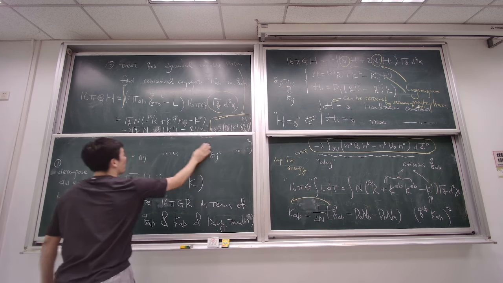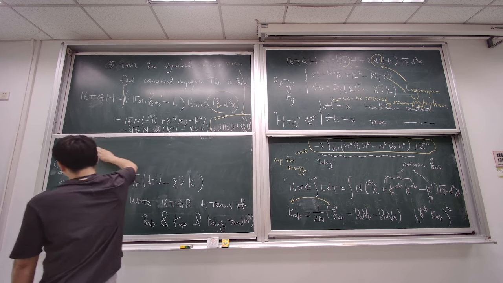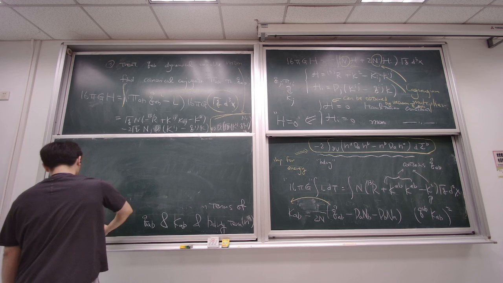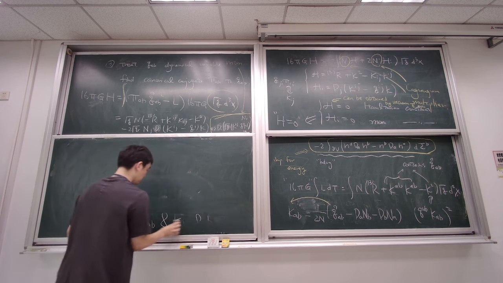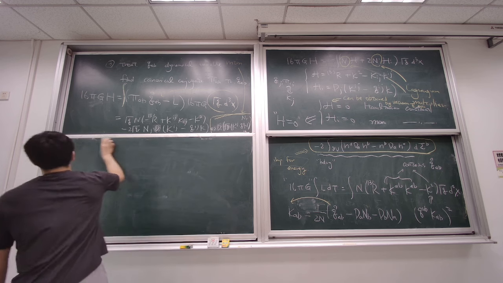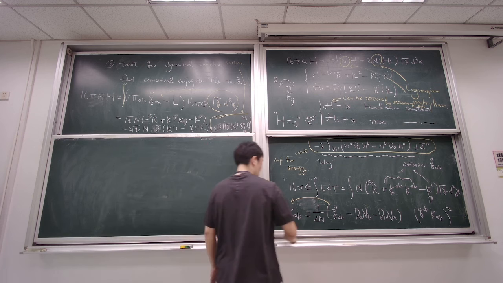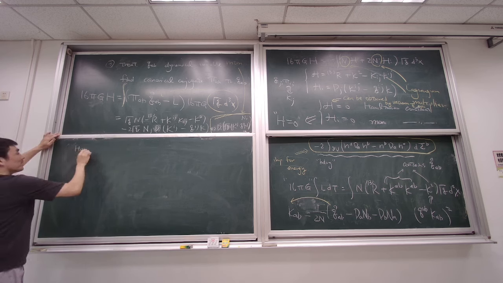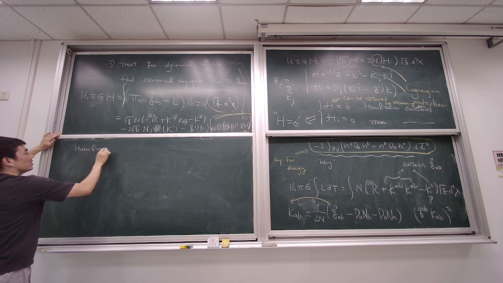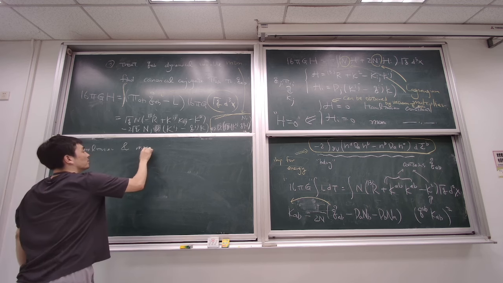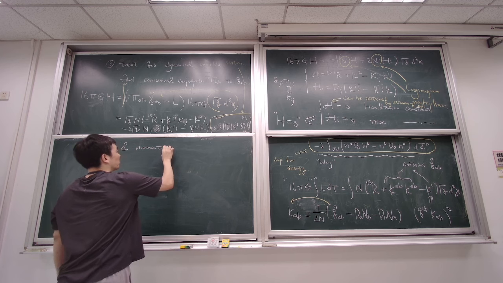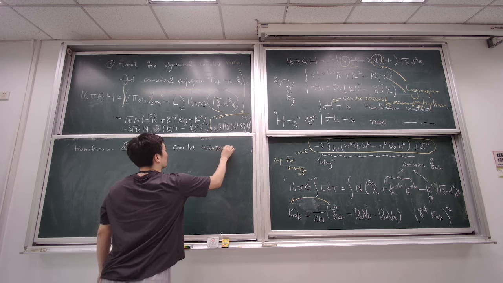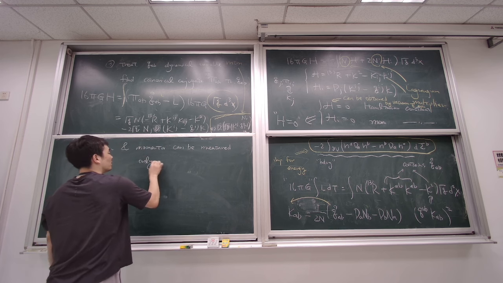So the important thing is that, somehow, in the system the Hamiltonian and the momentum can be measured only at the boundary.